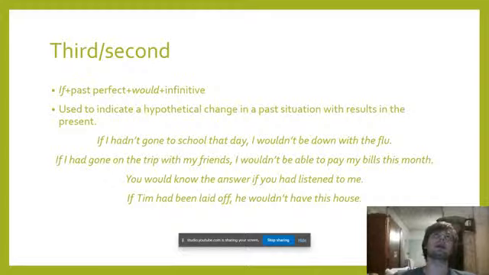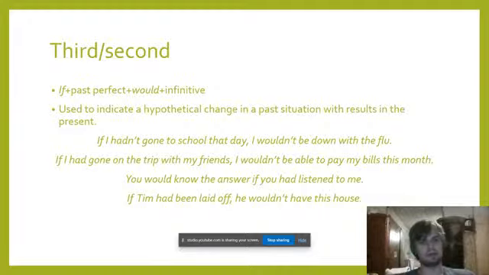Now we are thinking, okay, I must have caught it at school. So the smartest thing to do was not to go to school, because then I would not have the flu right now, which is the train of thought right here.